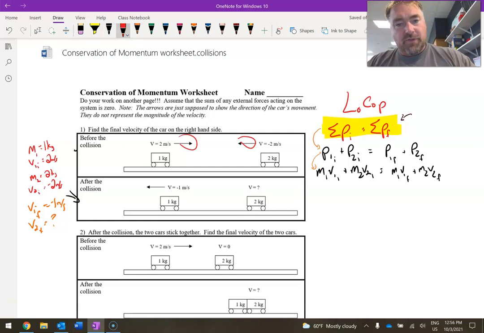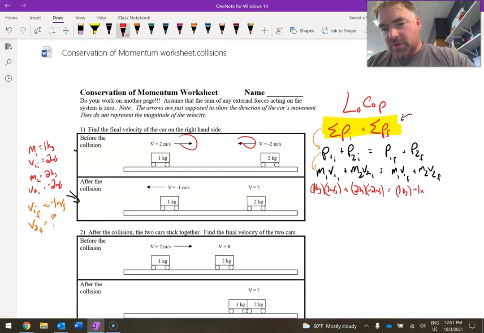I start with 1 kilogram times 2 meters per second plus 2 kilograms times negative 2 meters per second, and that's going to equal 1 kilogram, because M1 didn't change, times negative 1 meter per second plus 2 kilograms times V2 final.